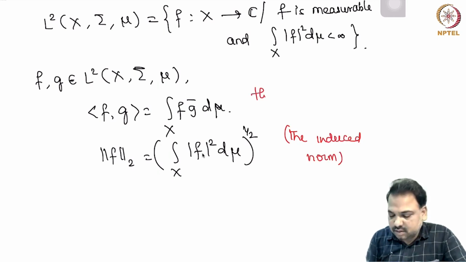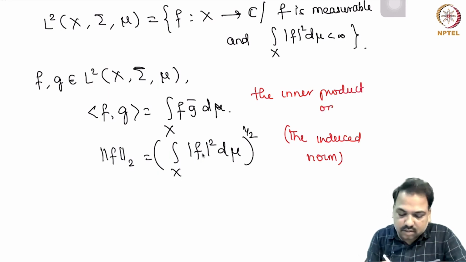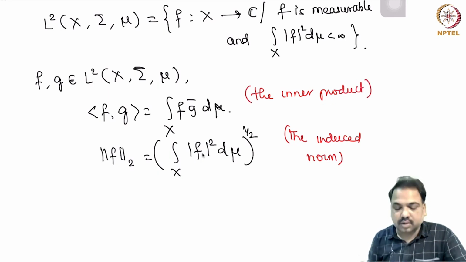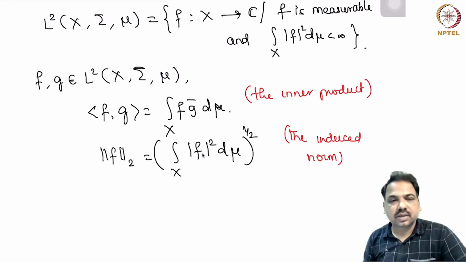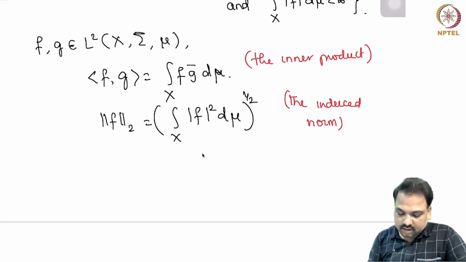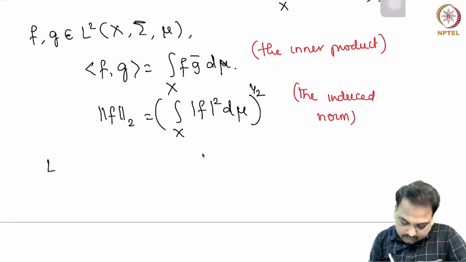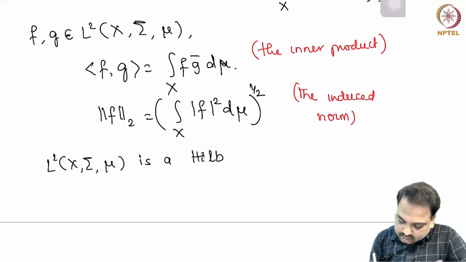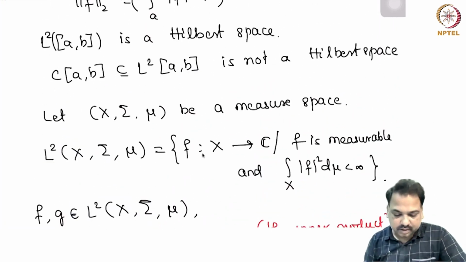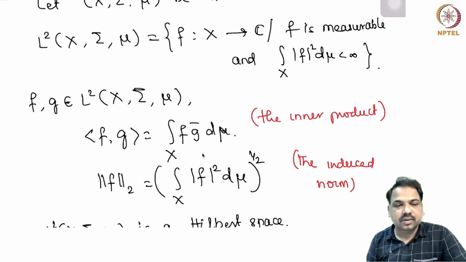This is the inner product. We can also show that this is a complete inner product space, hence this is also a Hilbert space. Okay, so these are a few examples of Hilbert spaces. Thank you very much.